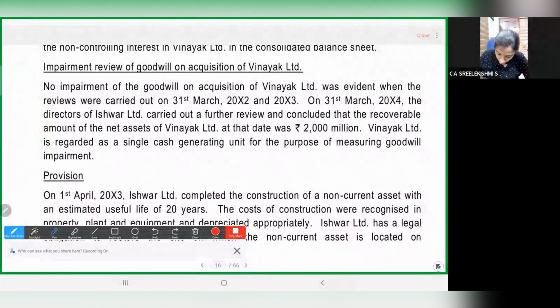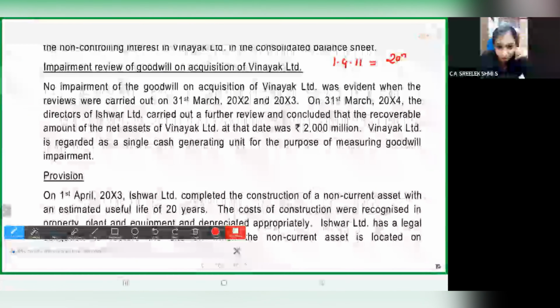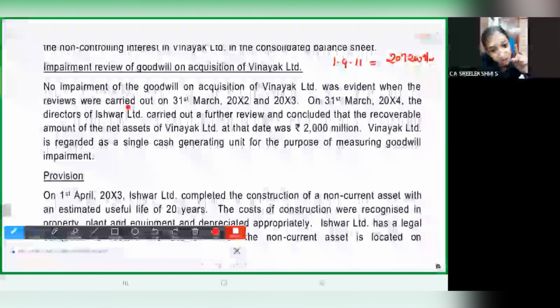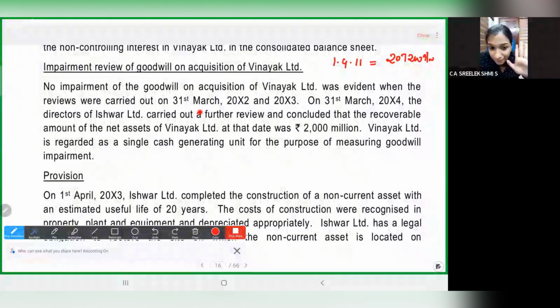Here, 1st April 2011 is the date of acquisition, and on 1st April 2011 there is 207.2 goodwill. Now, what does the question say? No impairment of goodwill on acquisition of Vinayak was evident when the reviews were carried out. So every year end you should test for impairment.